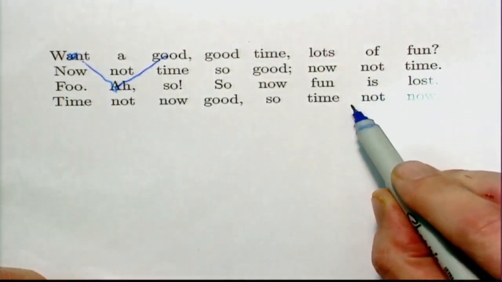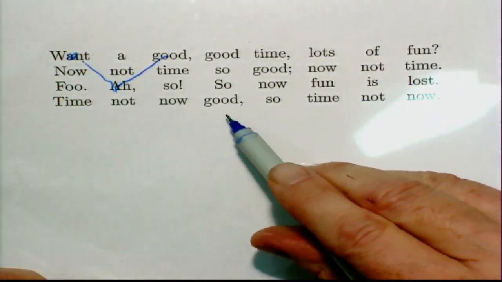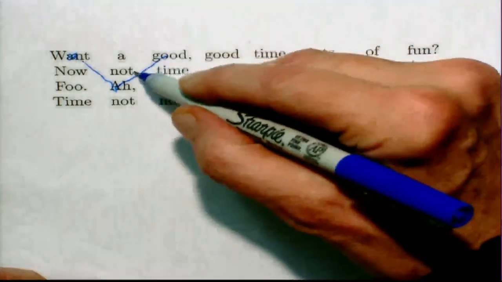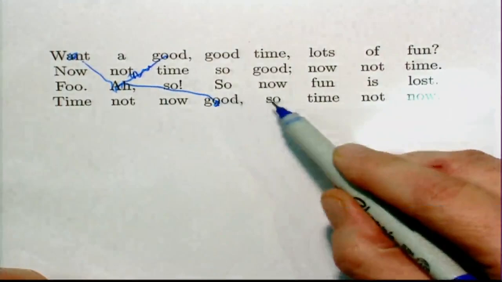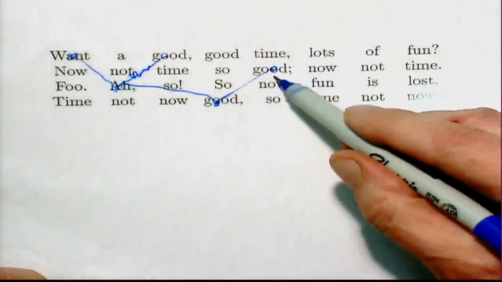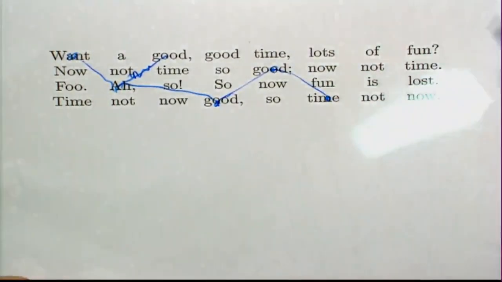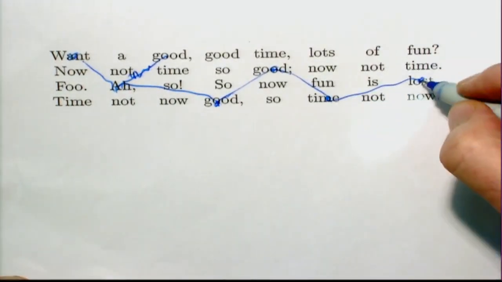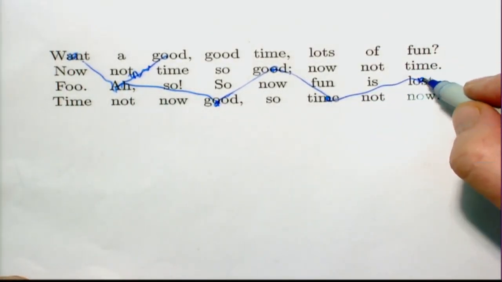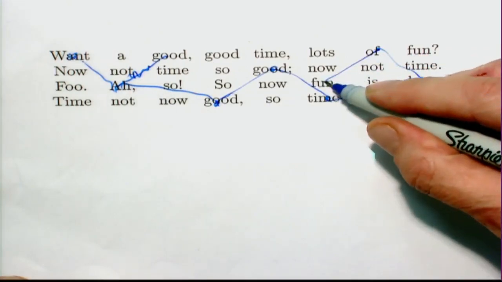Lots of fun. Okay, let me go good. No, I'm sorry about that. Let's come down here. Good, good time. And then lots of fun. Well, here I have lost instead of lots, but that's poetic license. So lots of fun. Okay, right?